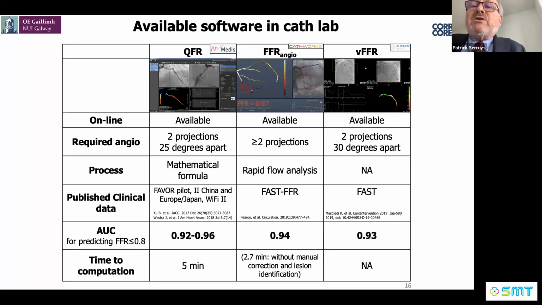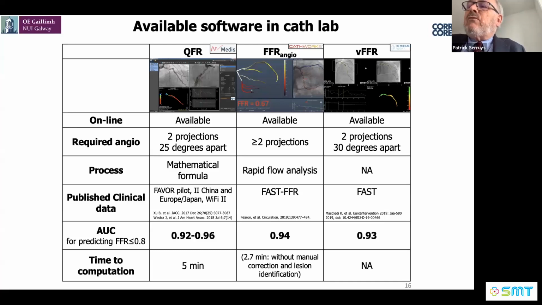The QFR has been the most published technique, with FAVOR Pilot, China, FAVOR 2, etc. The FFRangio has been used by Bill Fearon, a great man in the pressure wire technique, but now he has fully adopted the so-called FFRangio in a trial published in Circulation called FAST-FFR.